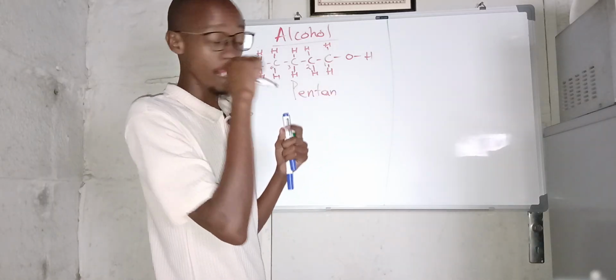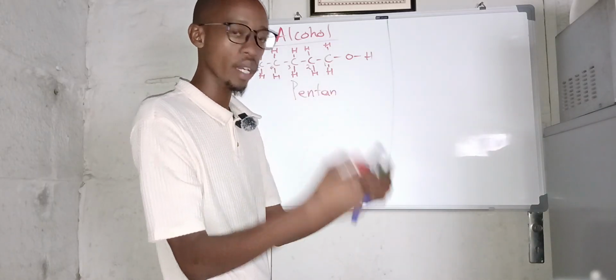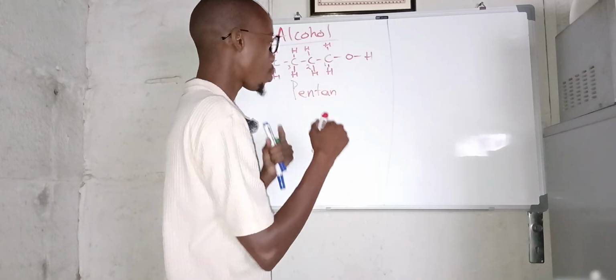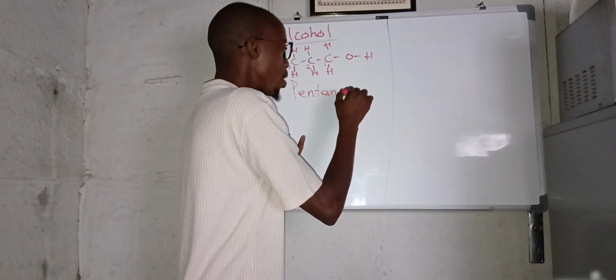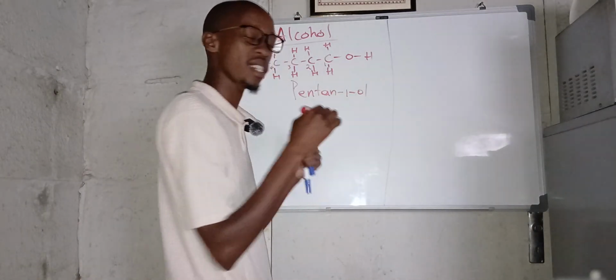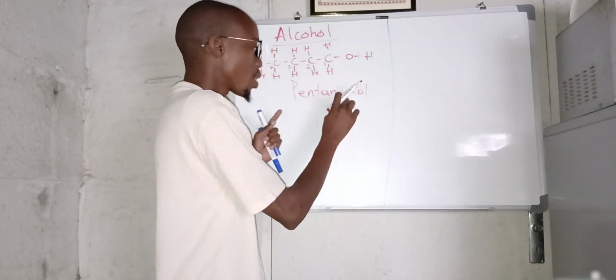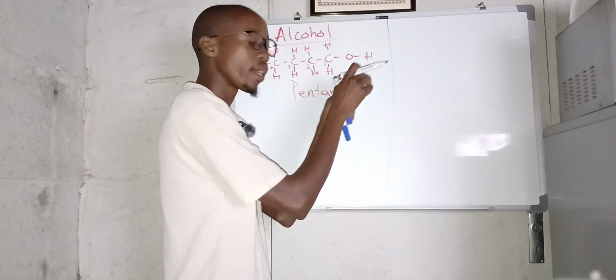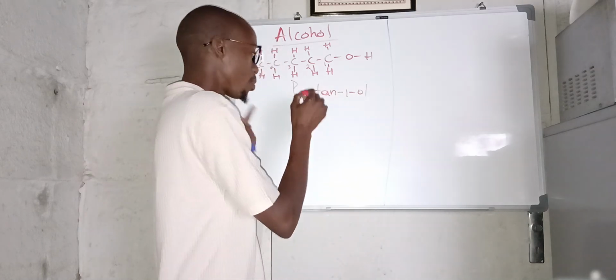In cases like this, you can say pentan-1-ol or pentanol only when the functional group is on carbon number 1. But for those who do not want to jinx their life, you can just put the position of the functional group and say pentan-1-ol.